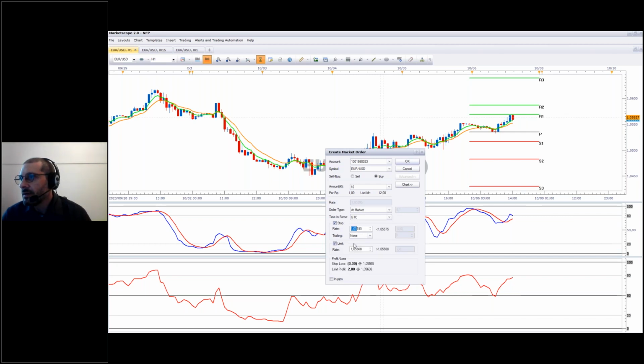Okay, so what we'll do is at the bottom here, you've got a little check mark that says in pips, just check that, and the limit will be 20 and the stop loss will be minus 20, right?